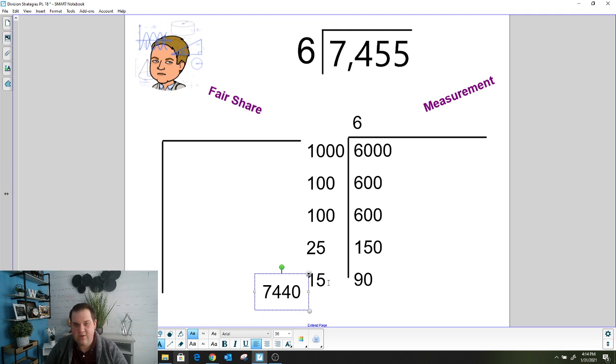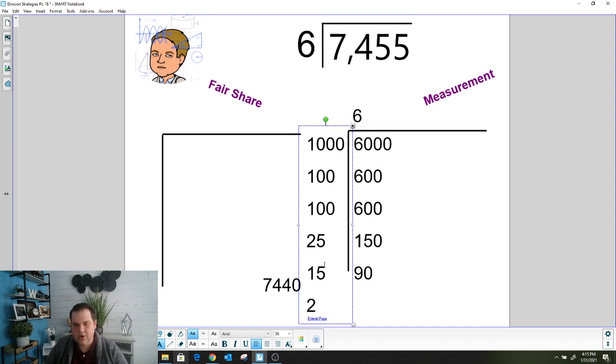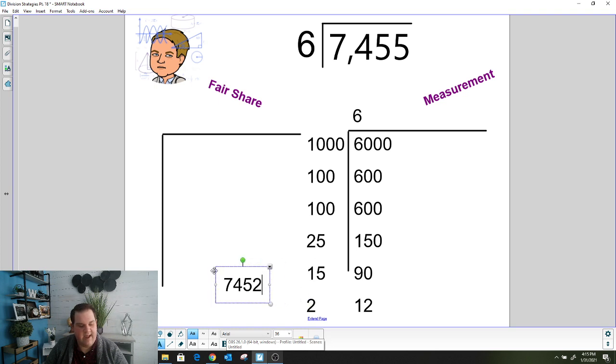And I'm so close, I need to get to 7,455. So I'm going to take away 2 more groups of 6. And I know that is worth 12. And that gets me to 7,452. If I add another group of 6, I will go over though. So this is my stopping point for now.